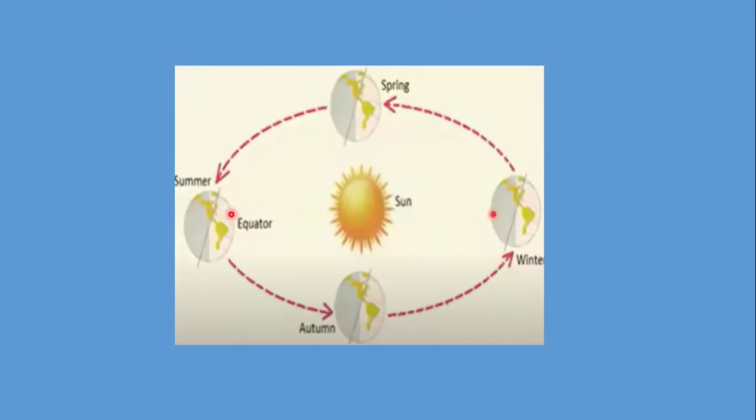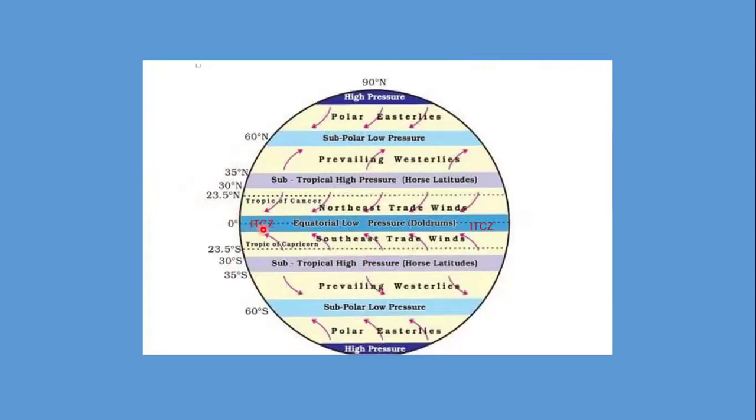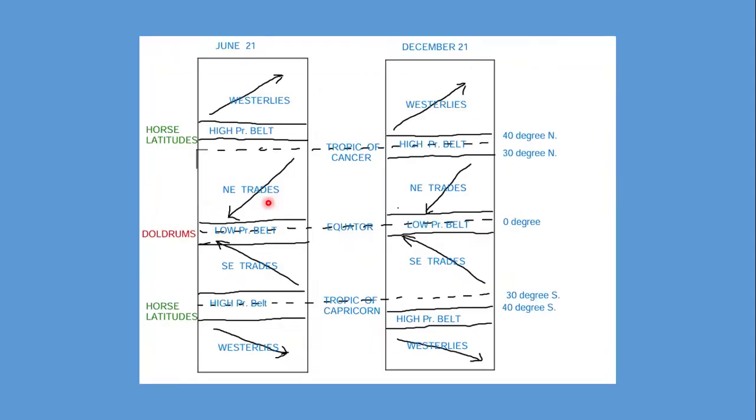So due to it, what happens? The ITCZ also moves northwards towards Tropic of Cancer, and along with it, the low pressure belt moves northwards. Due to it, we see that this region of the Mediterranean type of climate comes under the influence of trade winds.